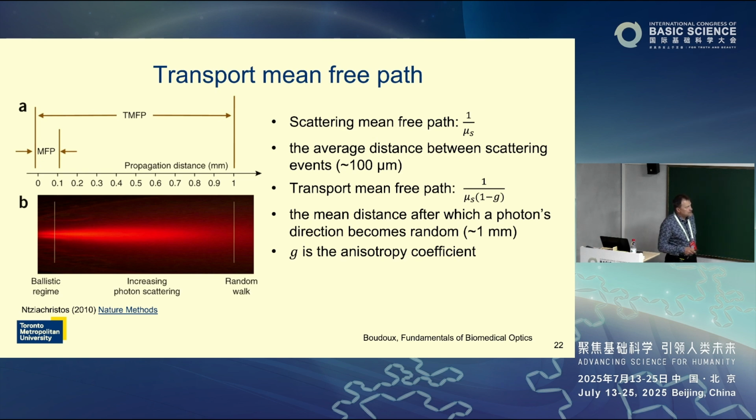The point of the transport mean free path is that it's the distance at which a photon entering the scattering medium becomes totally randomized and the original direction is lost. So it becomes totally diffuse, meaning that at that moment we lose the contrast altogether.